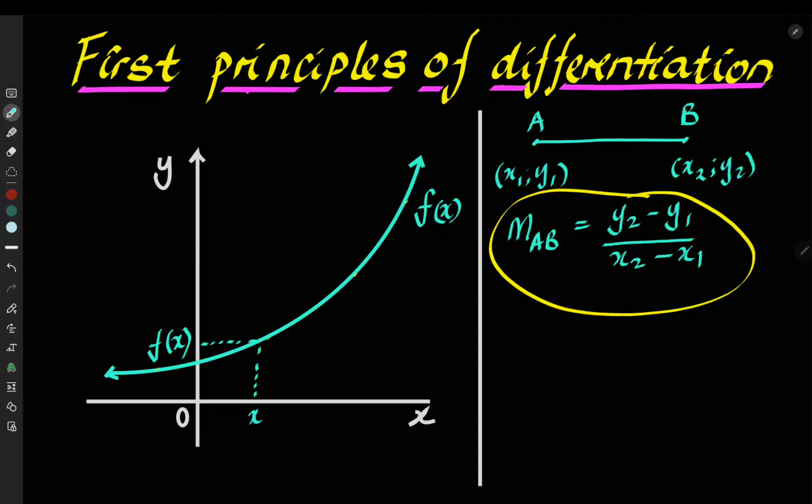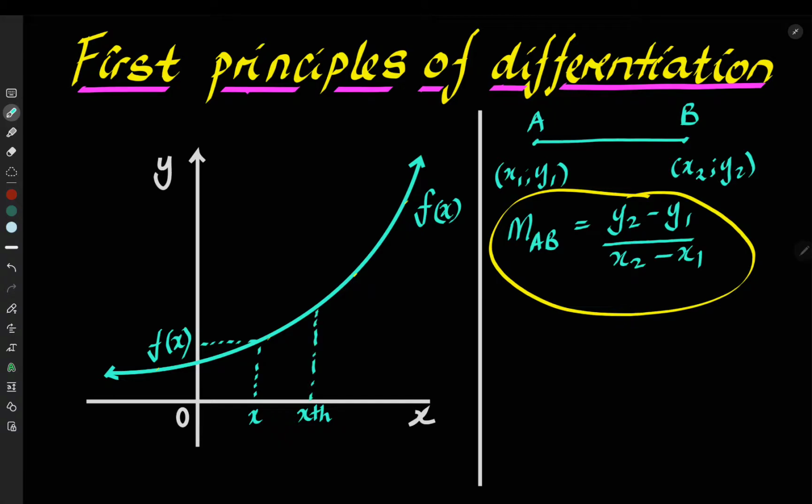Now, let's say this value of x is increased by a small value of h. So this h can be like 0.001 or 0.0001. In short, h is a very small value. Therefore, the new coordinate of x will be x plus h, which is the x coordinate plus the small increment.